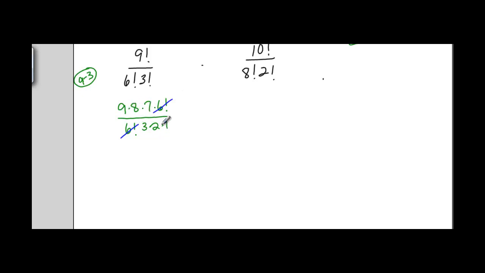Then I can cancel out a 2 from the denominator with the 8, since 2 times 4 is 8, leaving 4. I could also cancel out a 3 from the numerator and denominator, so I would have 3 times 4 times 7 left. 3 times 4 times 7 is 84.